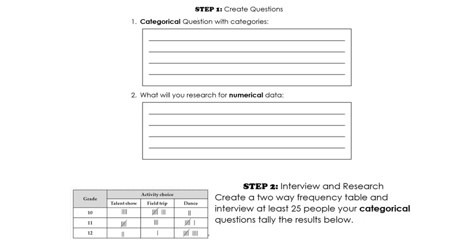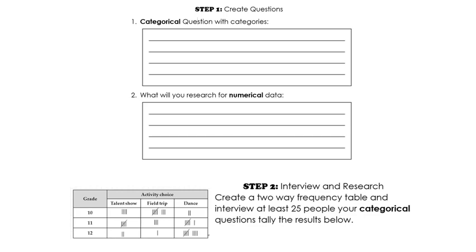And I'm going to show you a couple of examples of those. And then also you have to tell what your research for your numerical data will be. In this one, you're looking for a numerical response and you're going to research the topic that you're going to choose. And I'll show you examples to use for that.